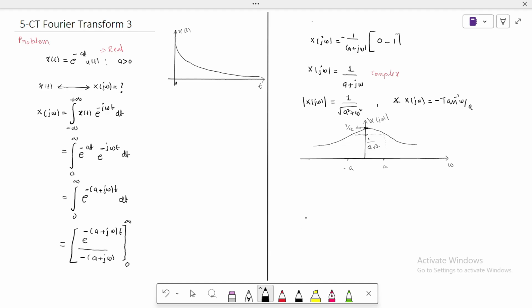In case of the phase plot, it is phase versus frequency, X of j omega versus omega.